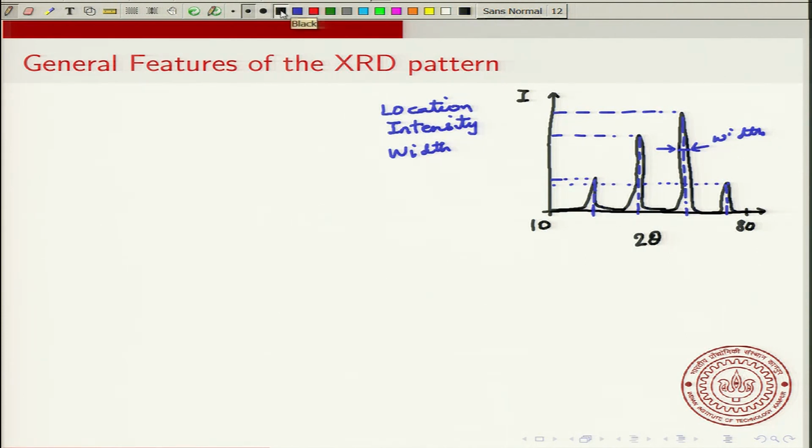The general way to do this is that there is a huge database of XRD patterns for different compounds.